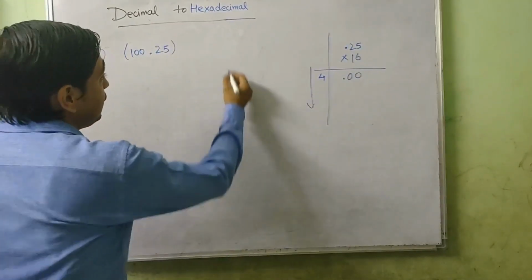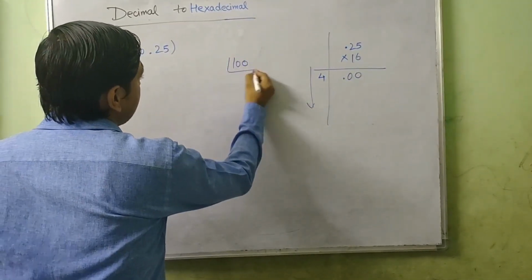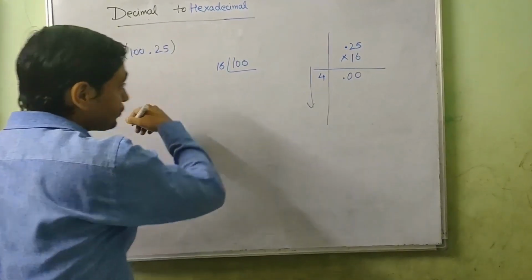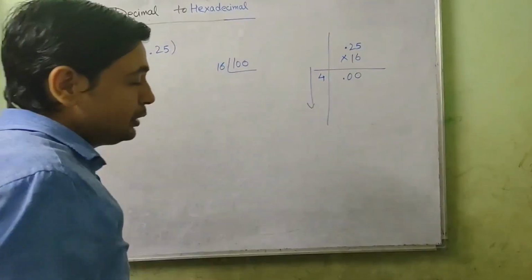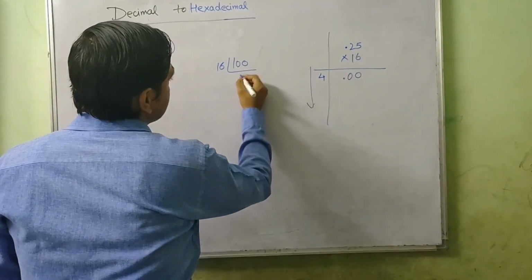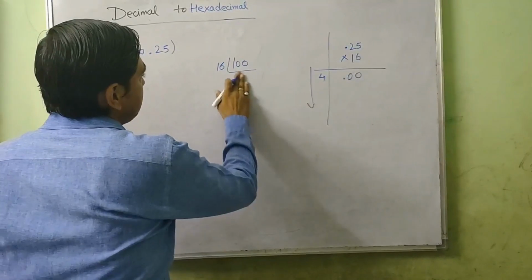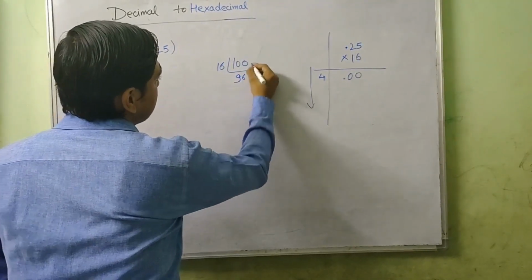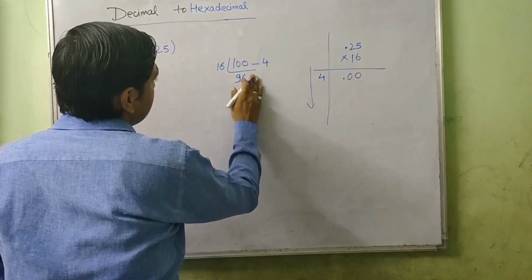Now 100 is there, so let's see how to convert 100. 16 6s are, I think, yes, 16 6s are 6 6 are 36, 6 3 are 96. So the remainder will be 4.